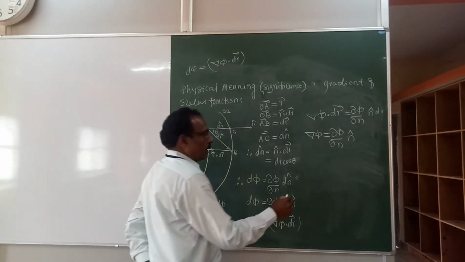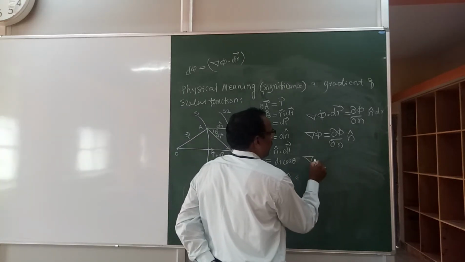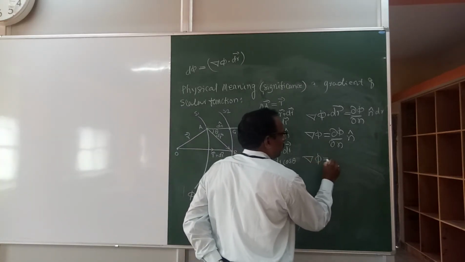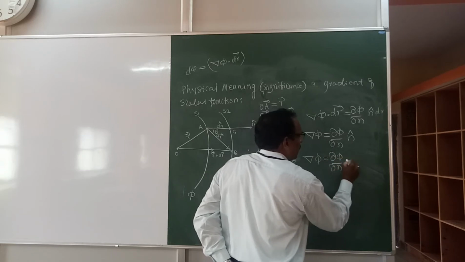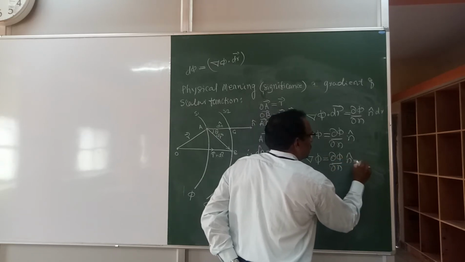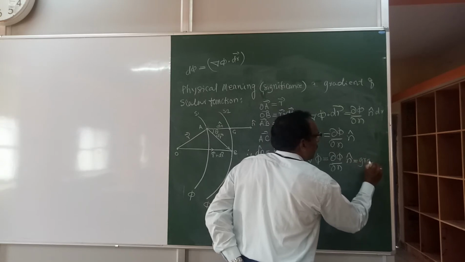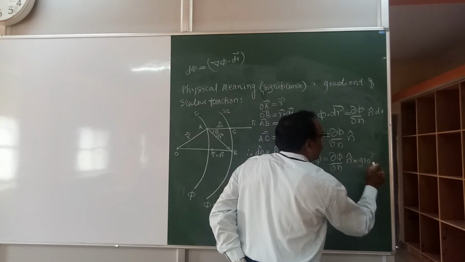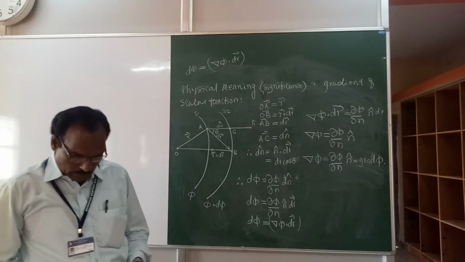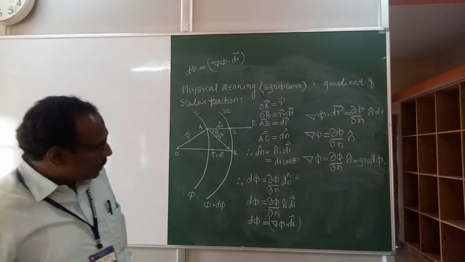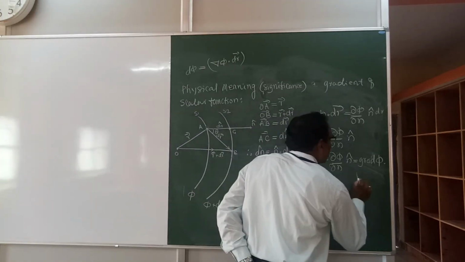That is equal to del phi is equal to dou phi by dou n, that is grad phi, gradient of phi. And this is a vector, grad phi is a vector.